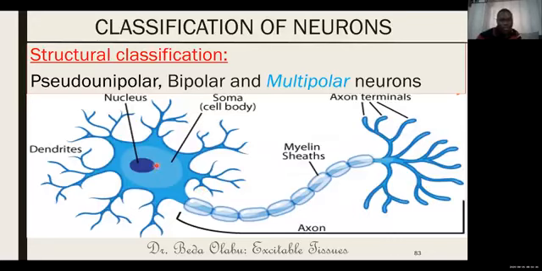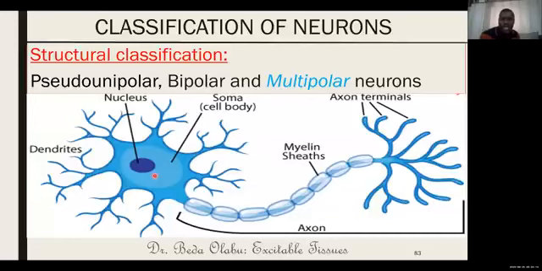Multipolar neurons are where there are several dendrites arising from the cell body, in addition to the axon also arising from the same location. We find multipolar neurons as interneurons. Interneurons are neurons which join 2 or more neurons within the central nervous system. So multipolar neurons are interneurons. Also, multipolar neurons are motor neurons.